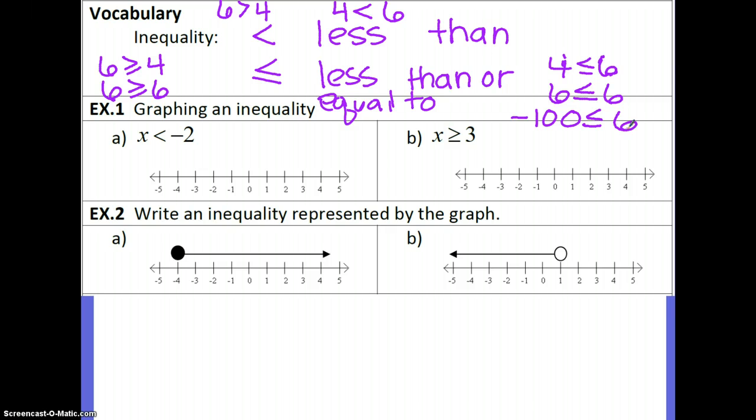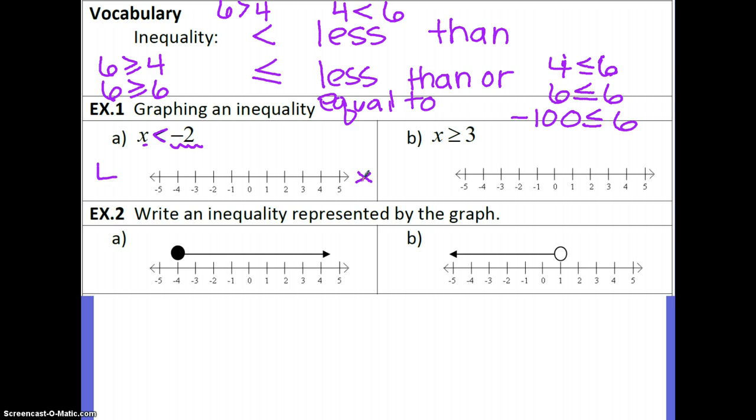On here, we want to graph x is less than negative 2. That's the less than. It kind of looks like an L turned sideways, right? L for less. And you'll see the alligator is eating the bigger number. The negative 2 is the bigger number. We want to graph this on a number line because we only have x. So we can think of this as the x-axis without the y.